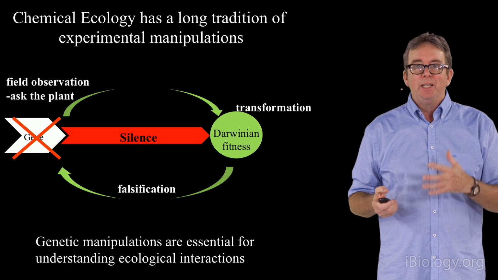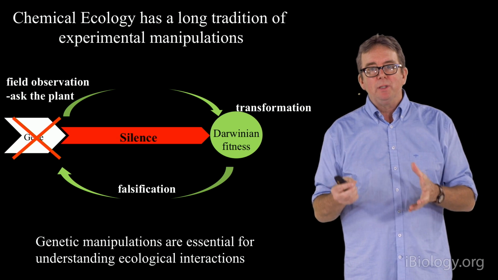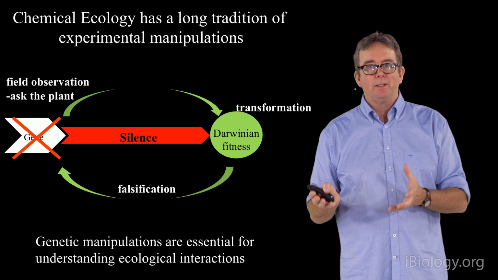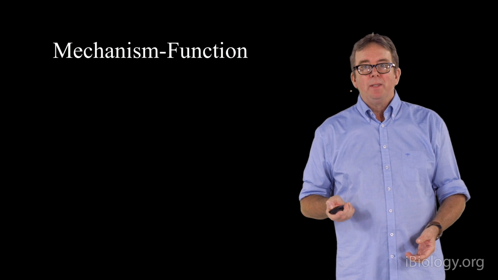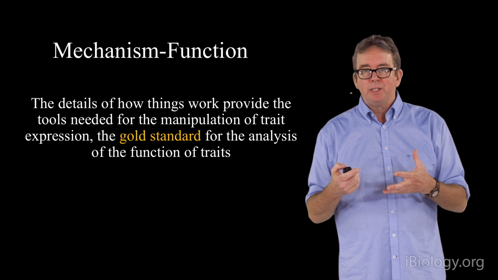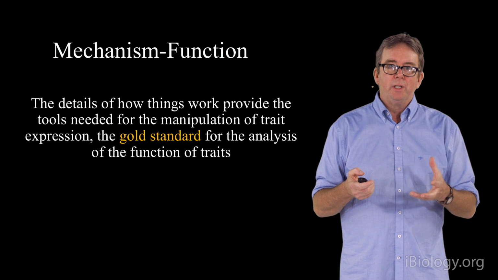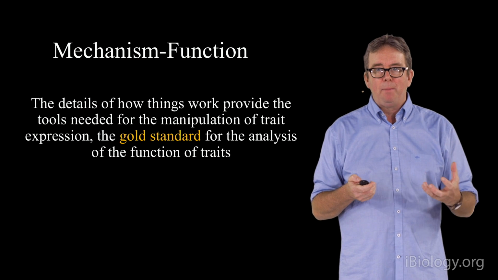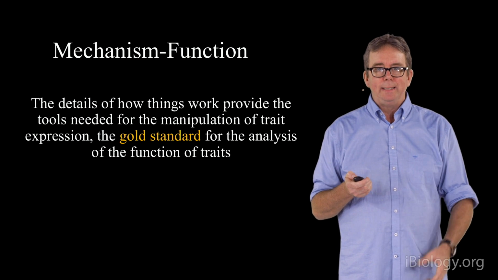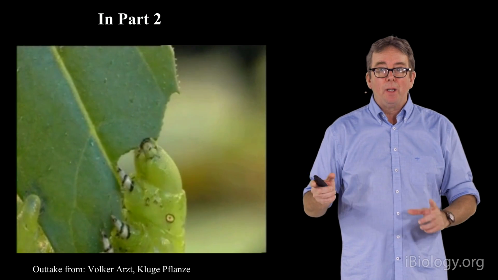So the point is that genetic manipulations are absolutely essential for studying ecological interactions. And this mechanism-function-interaction approach is really essential if we're going to make progress in understanding just how complex the ecological world really is. So that's all I'm going to say for part one.